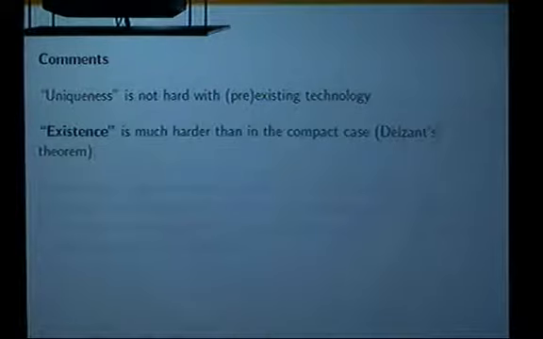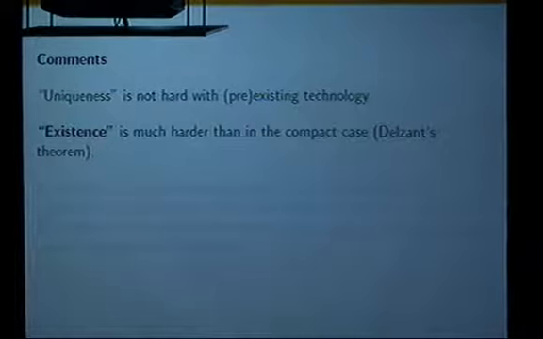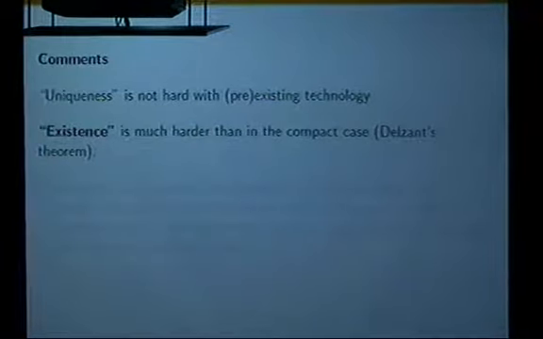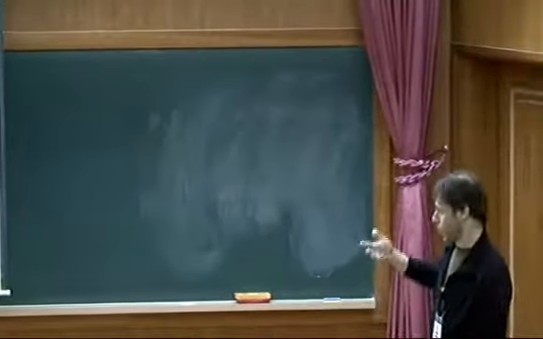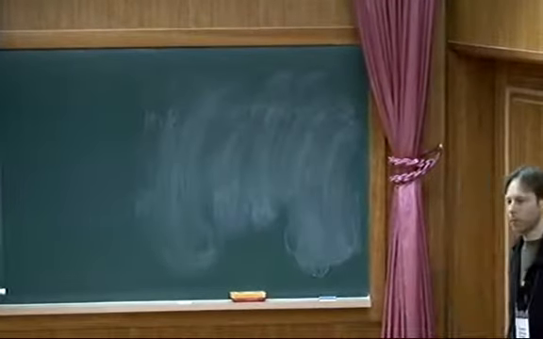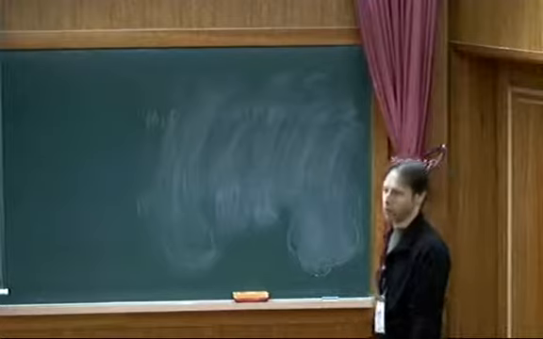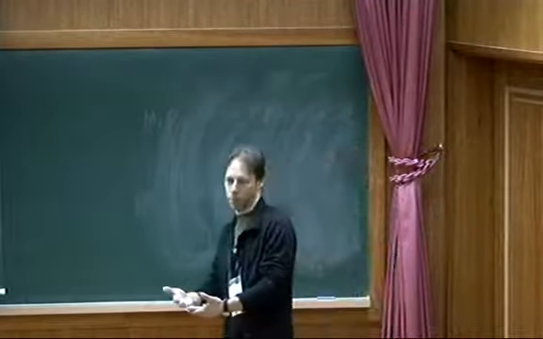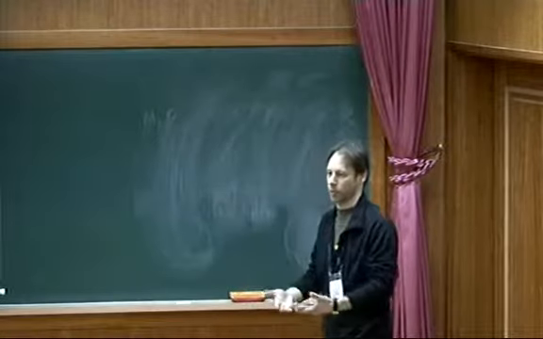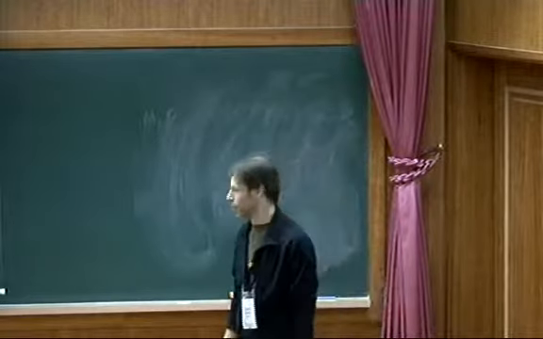Because, well, if you read Delzant's paper, you'll discover that he works much harder to prove uniqueness because he had to prove that certain cohomology vanishes. And the way he does this is by doing Čech cohomology computations by hand, which is hard.